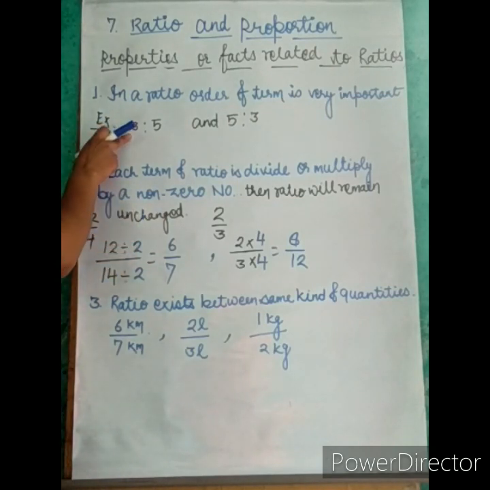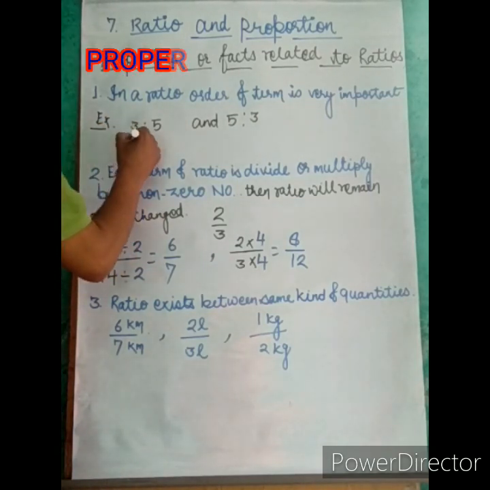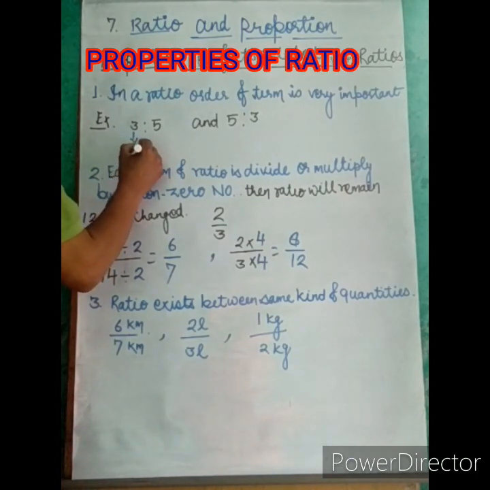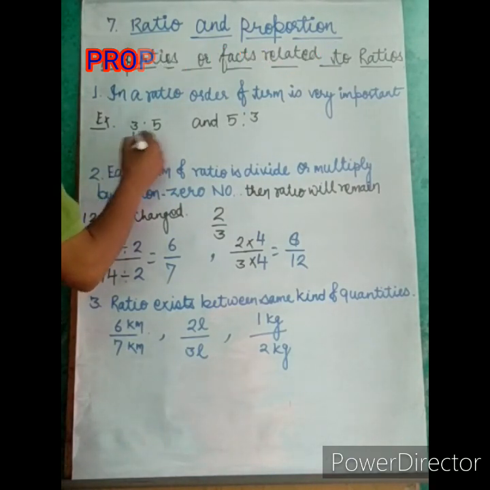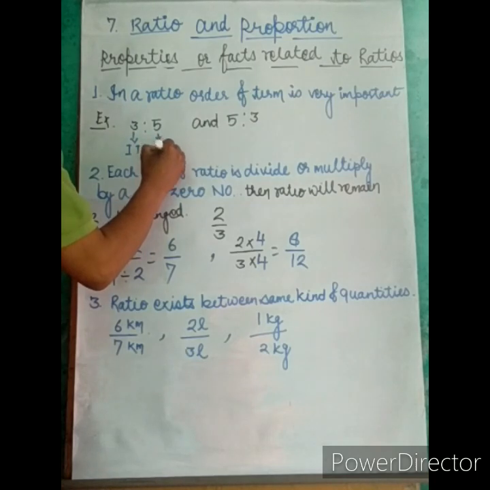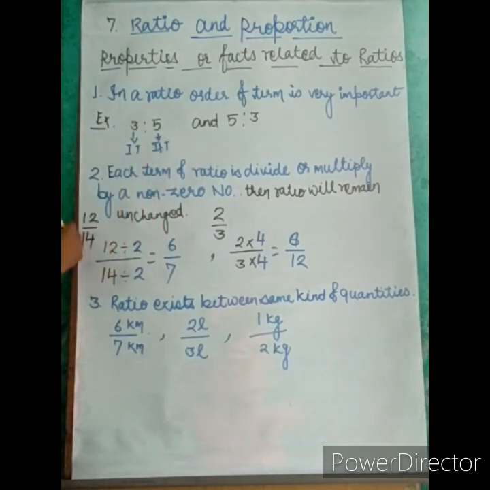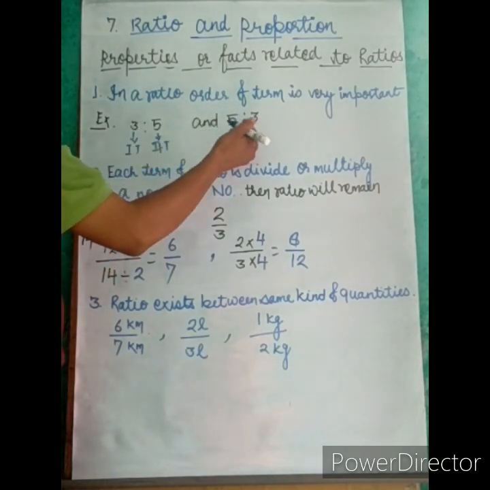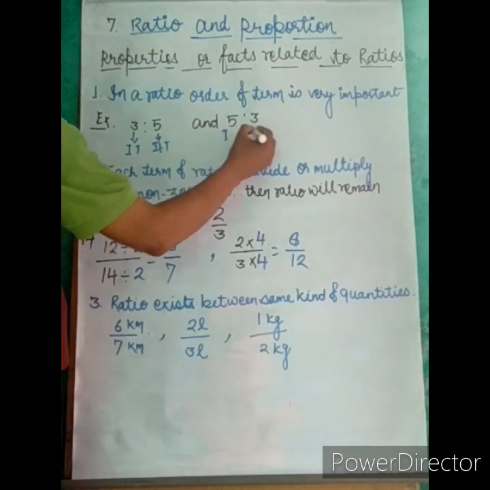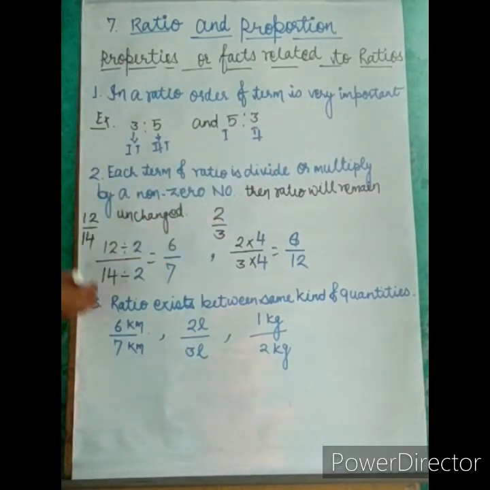Here the first term is 3 and the second term is 5. In the other case it is opposite: this is the first term, and this one is your second term. So in a ratio the order is very important.